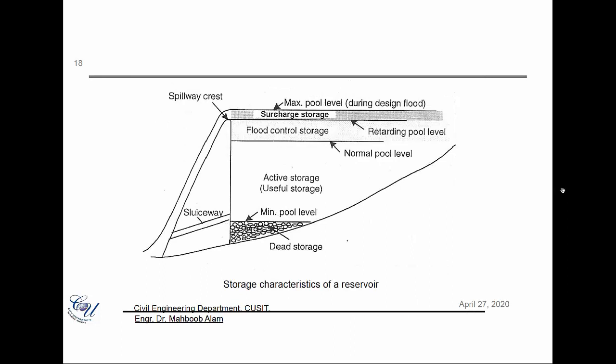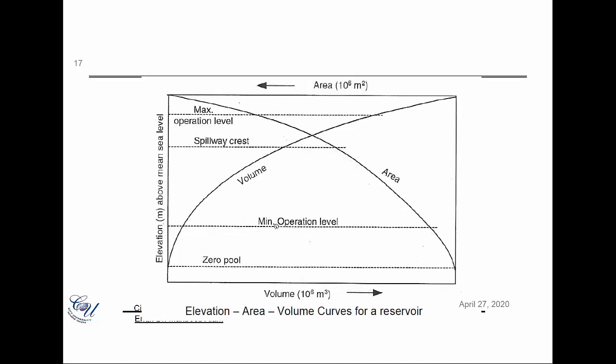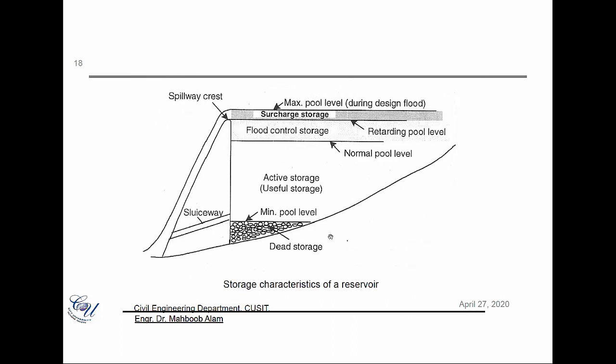And the zones that we were talking about, so usually what we do is that if this is my reservoir, I'll divide my reservoir into different zones. Of course, there would be some dead storage here where the sedimentation is taking place, then minimum pool level, or let's say in the previous minimum operation level. These two names can be used interchangeably, and this is the level where your lowest intake structure usually is.